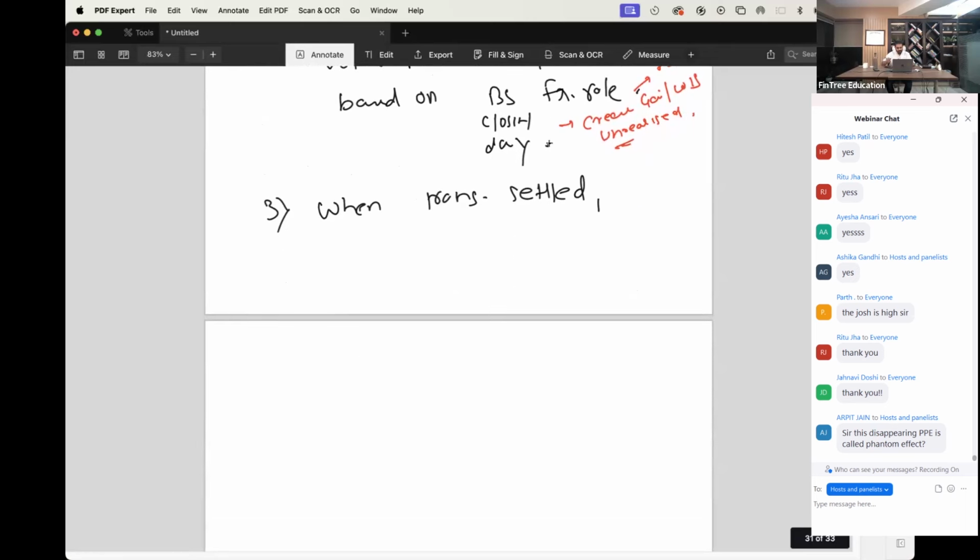When transaction is settled, then use FX rate of that day to close. Again, will create gain or losses. That will also go to income statement, but this time those will be realized gains or losses.